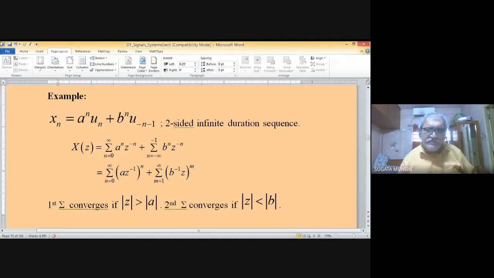In other words, the ROC of the Z transform of the causal part will be the exterior of a circle in the z plane centered at origin and having a radius equal to magnitude of a, while the Z transform of the anti-causal part will be the interior of a circle centered at origin in the z plane with radius equal to magnitude of b.